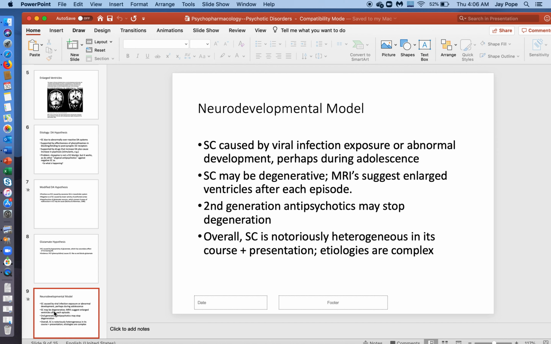And so it was thought that schizophrenia could be associated with viral infection or exposure to some sort of illness or disease in utero, which can cause abnormal development, and that these kinds of effects can even last well through childhood and even into adolescence. So that's one possibility.